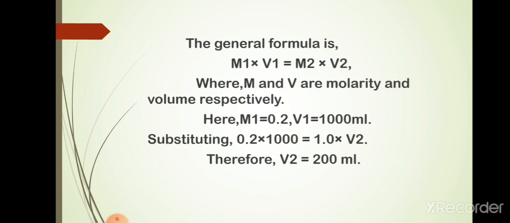We are going to find V2. V2 can be calculated by substituting the values in the formula. M1 into V1 is equal to M2 into V2. Therefore, V2 is equal to 0.2 molar into 1000 ml divided by 1 molar. That is equal to 200 ml.